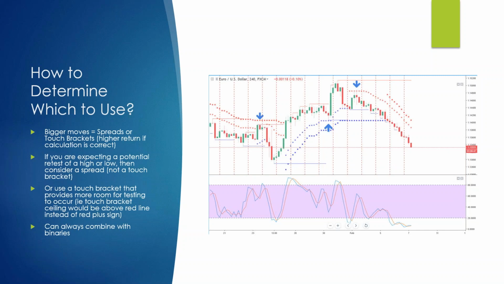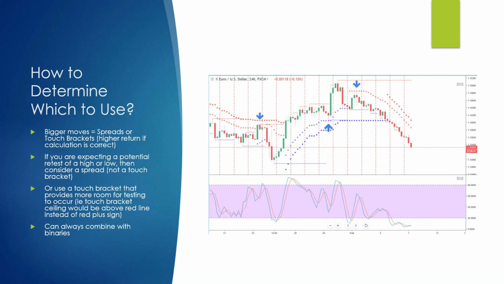Now, if you're wanting to go short and you expect a test of the high and you entered right at the high, then if it goes back to test that high and you're short and that's where your ceiling price is, then again, you're going to have a losing trade because it touched the high.